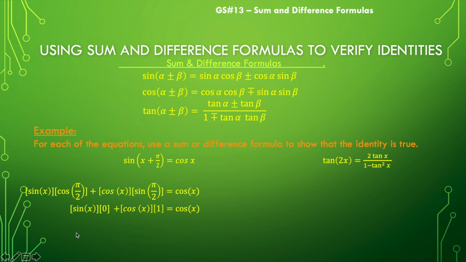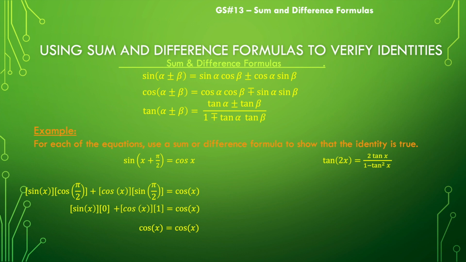And then I have a product of sine of x times 0. Well, that will just go away. And I'm going to add that to the product of cosine of x times 1, which will just become cosine of x. And I have shown that these expressions on the left-hand and the right-hand side are truly equal to each other.